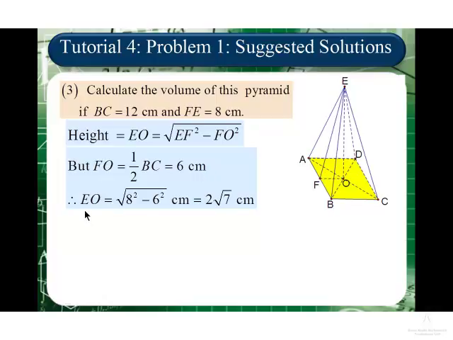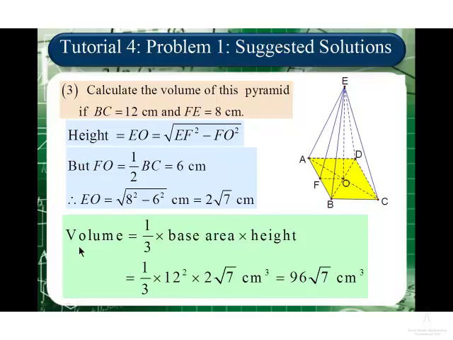We're ready now to calculate the height of this pyramid, EO, as the square root of 8 squared minus 6 squared as indicated, and this in surd form gives us the expression 2 times the square root of 7 centimeters for the height, EO. With that in hand, we can now calculate the volume for this particular pyramid as being a third times the area of the base times the height.